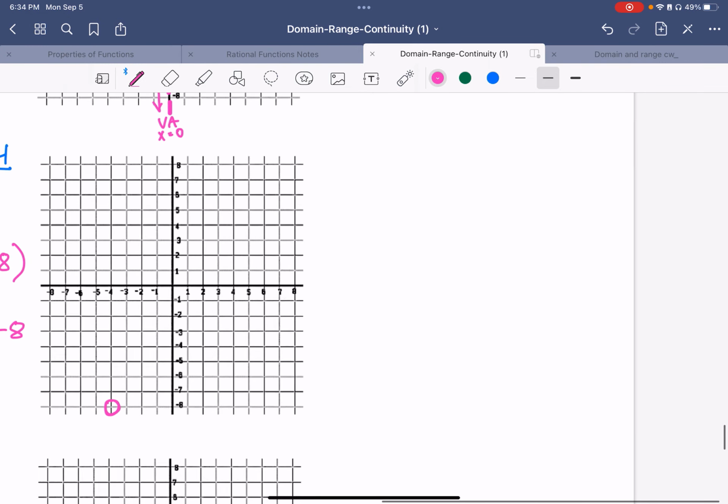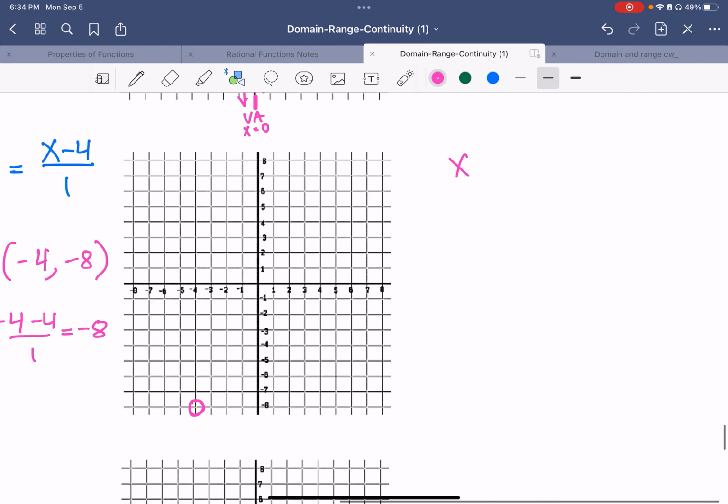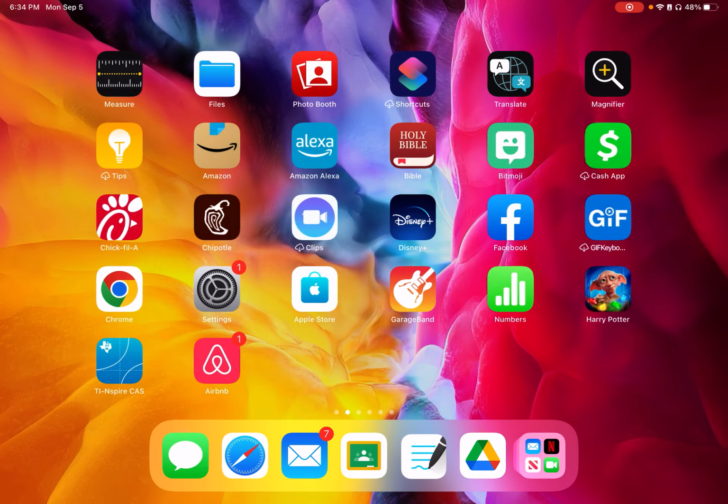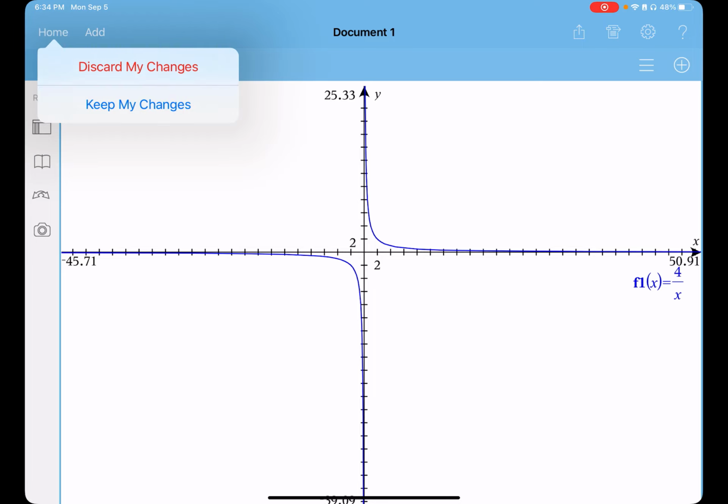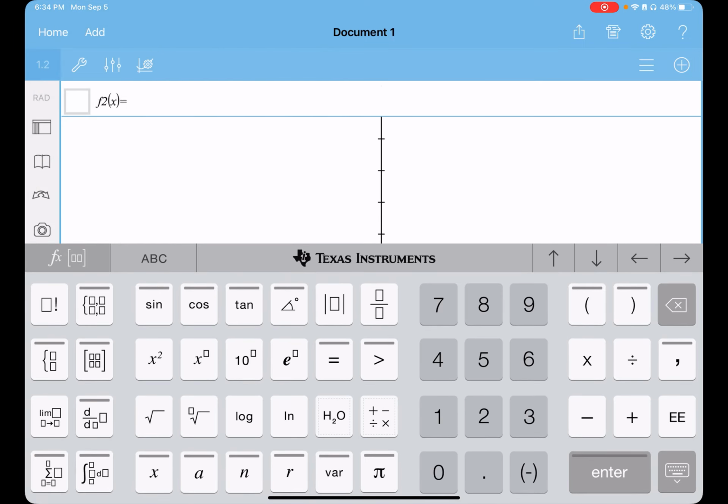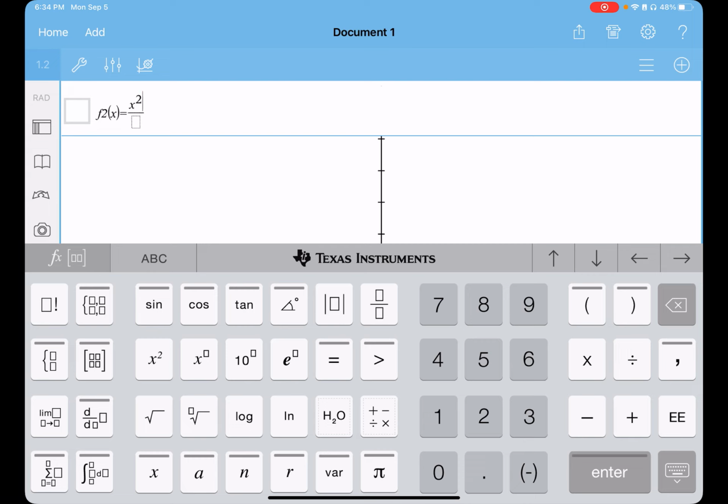So I'm going to do the same thing as before, which is to create a table. And I'm just going to put this straight into the calculator. So I'm going to start off with the fraction, x squared minus 16 in the numerator, and at the denominator I have x plus 4.